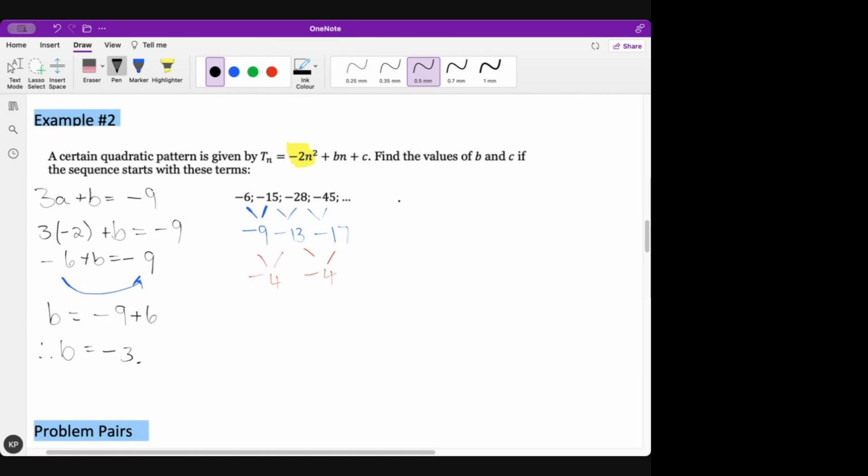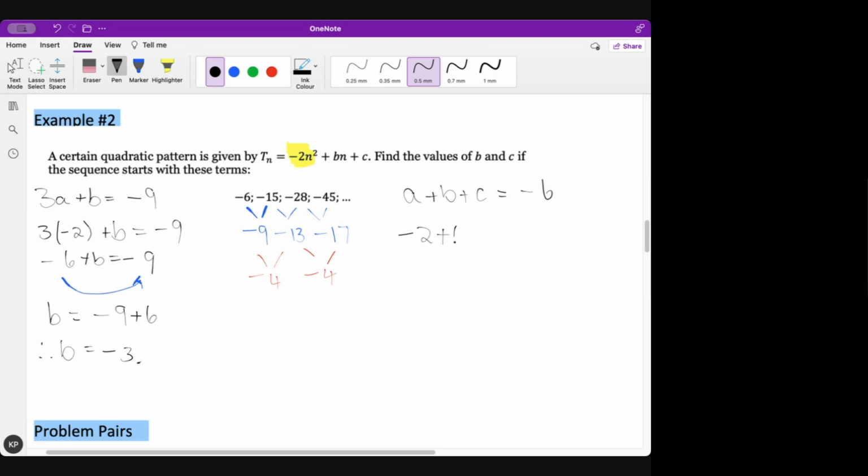We're done with b. And then, finally, we know a plus b plus c is equal to what? Negative 6, because it is my first term. Lovely, guys. You guys got this in the bag. Okay, so a is negative 2.